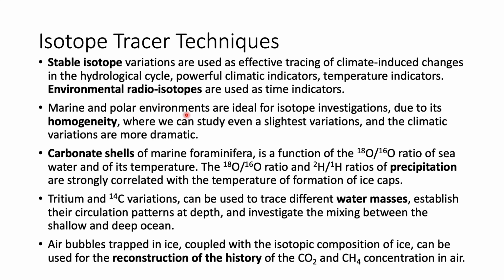The marine and the polar environment is very ideal for isotopic investigation because it is very homogeneous in nature. Here we can study even the slightest variations, and the climatic variations are more dramatic because these areas are pristine, not affected by the human population.